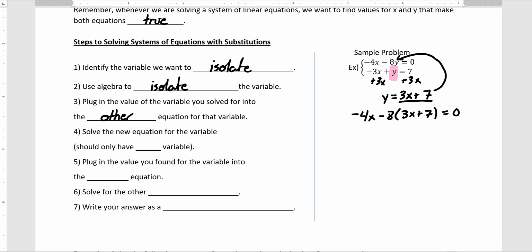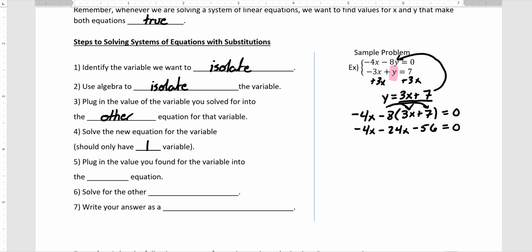Alright, so now we're going to solve this new equation we have here. Notice we only have one variable. We only have x now. So let's solve for x. So I'll have negative 4x. You distribute the negative 8, so this will become negative 24x. Negative 8 times 7 would be negative 56 equals 0.